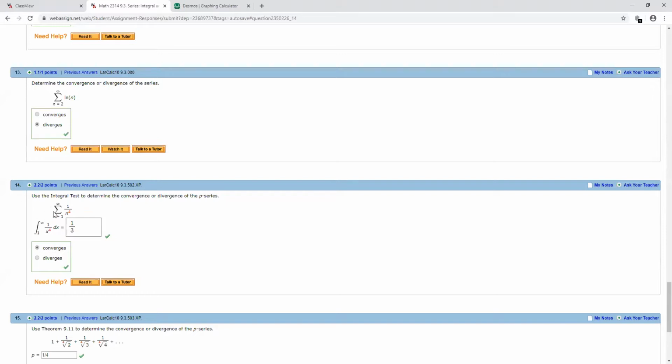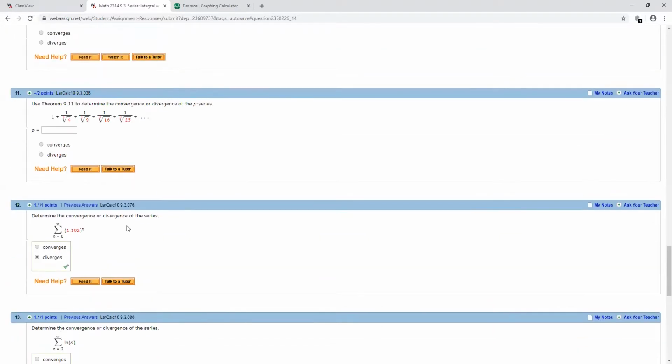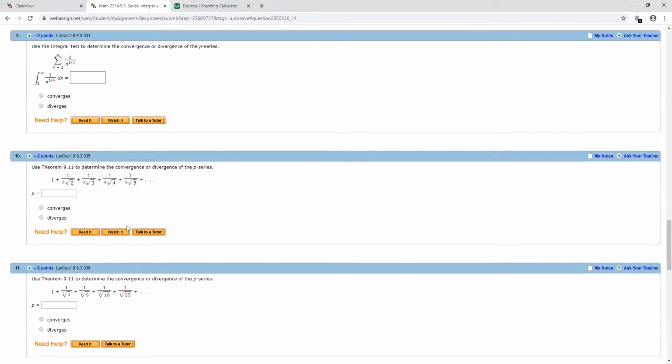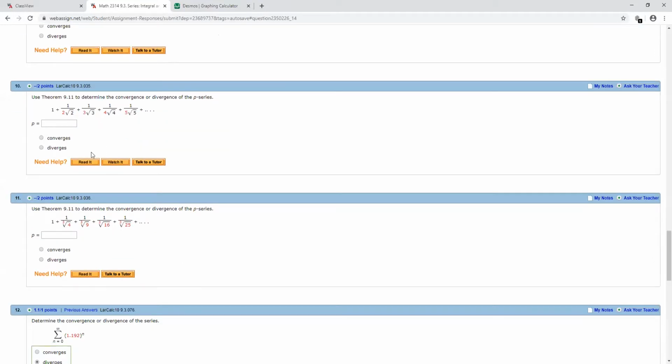In this particular case, even though this is a p-series, the author is asking us to do it the slower way with the integral test. So there's only 2 of those left, this one or this one. And I don't know, how about 11?